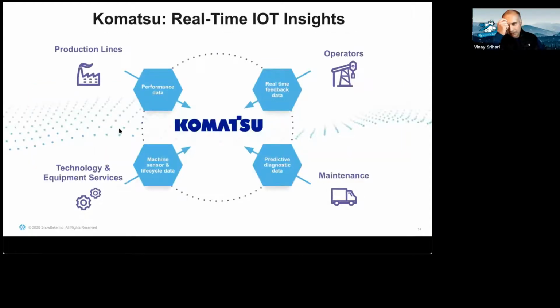An example of one of our longstanding customers is Komatsu. Komatsu had a problem with real-time IoT. They had streams of data coming in from their operators, from their technology and equipment services, so the machines that they run and manage for their manufacturing customers, and these were coming in at a fairly high clip, gigabytes, hundreds of gigabytes per day, per hour.